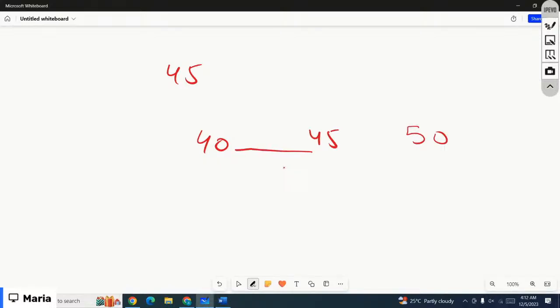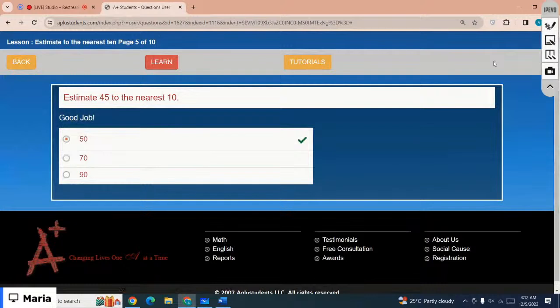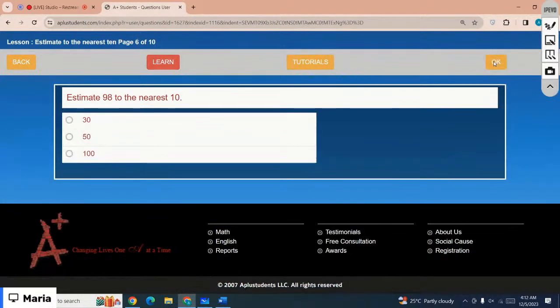Here you have 5 points away, and here 5 points away. Very good, you need to round up. 45 is rounded off to 50. Because both sides have the same distance, you round it off to 50. The correct option is 50.